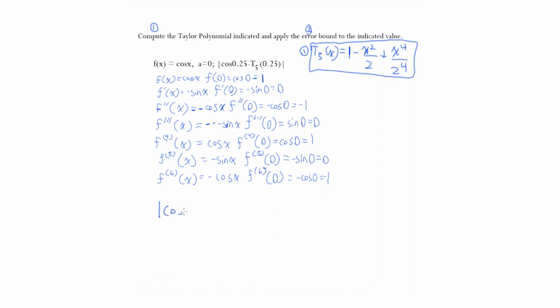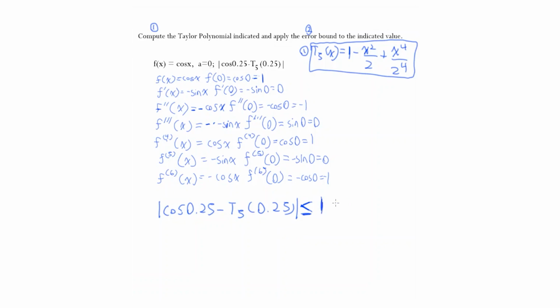So cosine of 0.25 minus T5 of 0.25 is less than or equal to, and it's less than or equal to because, as I said earlier, the K can honestly be anything that's super large. So it can actually be larger than the error of this put together when we subtract those and it gives us a result. The error that we find using the formula can actually be much larger than the result if we just take this out and find the difference.